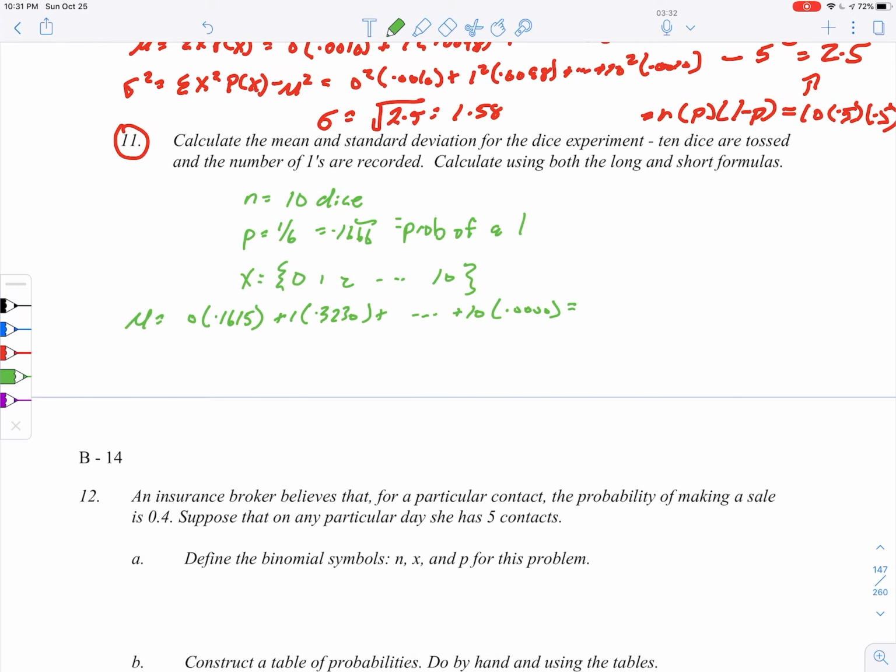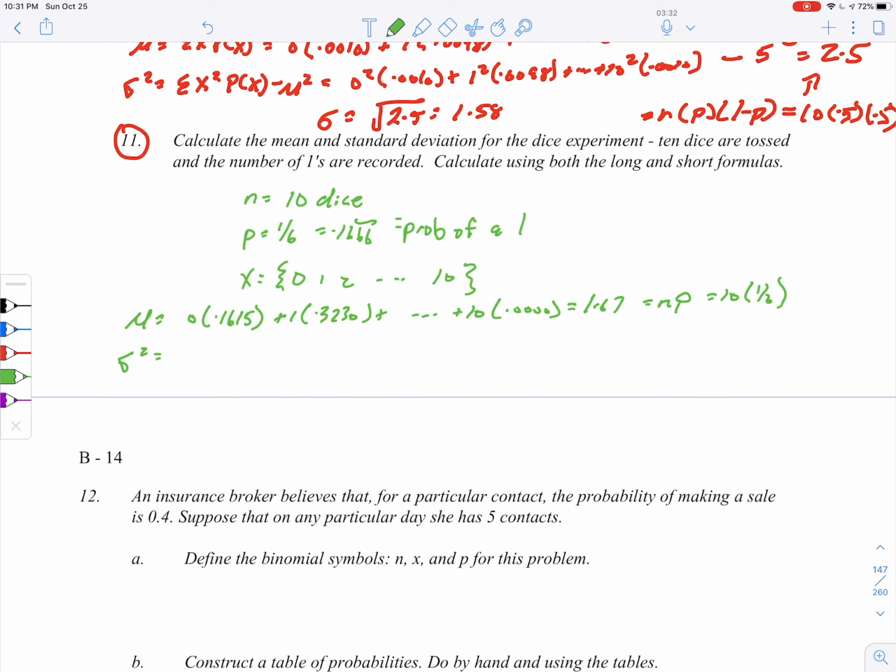It's not impossible to get 10 ones when you roll the dice, but it's really, really small. So it's actually 0.00000 whatever. Anyways, that comes to 1.67, which actually is just simply n times p, which is 10 times 1/6. So you get the same number.